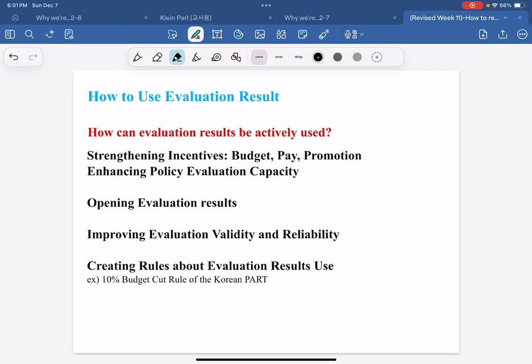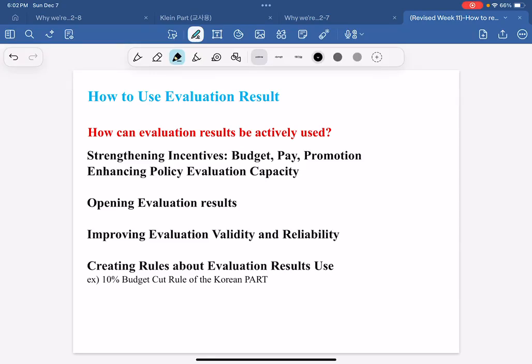Also, if a public agency opens its evaluation results, public officials are pressured by open information, and this can activate them to use evaluation results. Also, if evaluation results are valid and reliable, evaluation is very effective and conducive to improving public policy, and then public officials voluntarily rely on this valid and reliable evaluation result information.